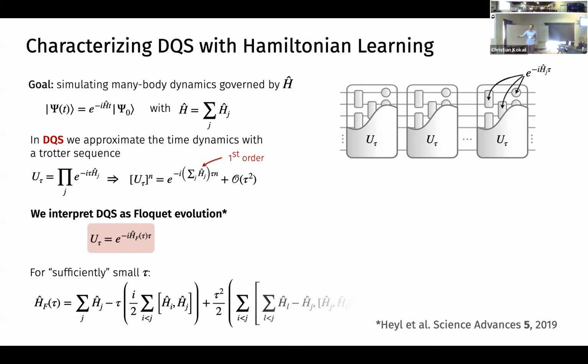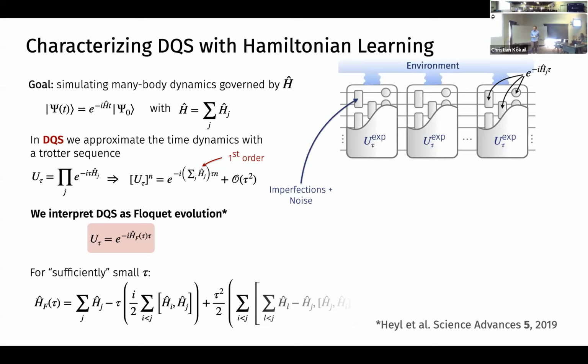This Floquet Hamiltonian is given by the Floquet-Magnus expansion, which can converge or not, depending on the time step tau. So we applied this Hamiltonian learning to learn a Floquet Hamiltonian in digital quantum simulation. You can ask why you would want to do this, since in principle you know what this Floquet Hamiltonian is. But you can have imperfections, noise and couplings to the environment.